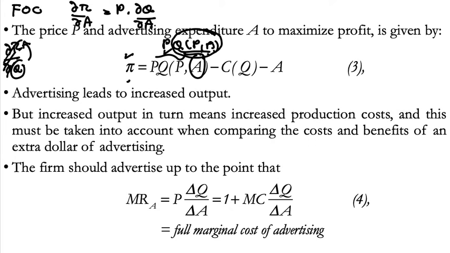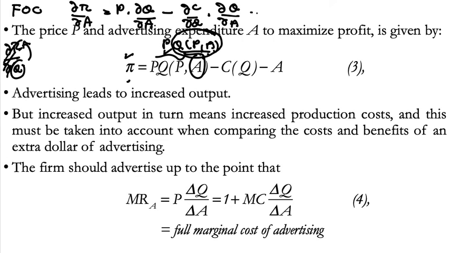Now, next, here you have C minus. Differentiate C with respect to Q. And because Q consists of A, differentiate Q with respect to A. That's how you do it, because C does not directly depend on A. C depends on Q, Q depends on A. But our objective is to maximize profit with respect to A. That's why we do it this way.